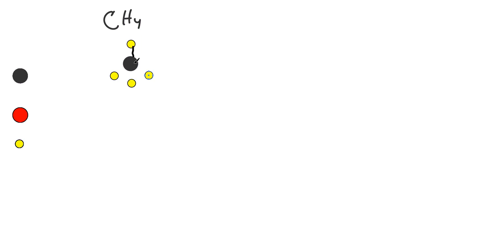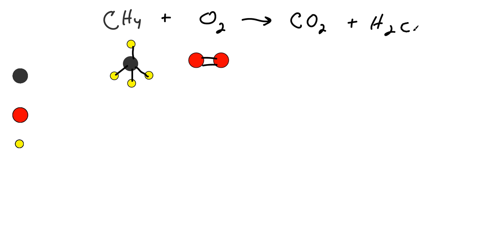So 1, 2, 3, 4, 4 single bonds. And then, as we've seen many times before, oxygen is O2, a homonuclear diatomic, so 2 oxygens. So our reactants are CH4 plus O2. And this is called a combustion reaction. When we do a combustion or a complete combustion reaction, we should get out carbon dioxide and water.